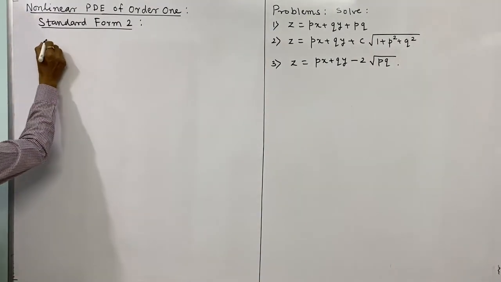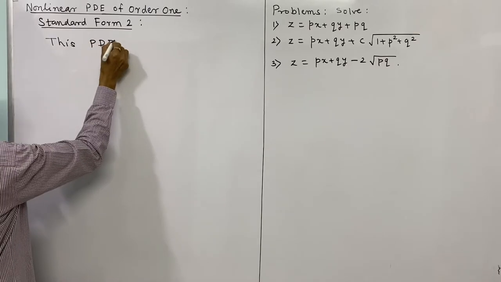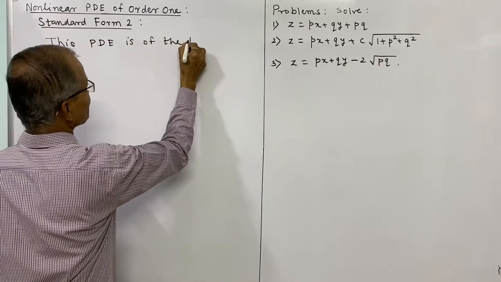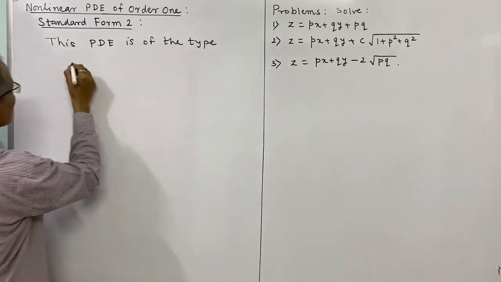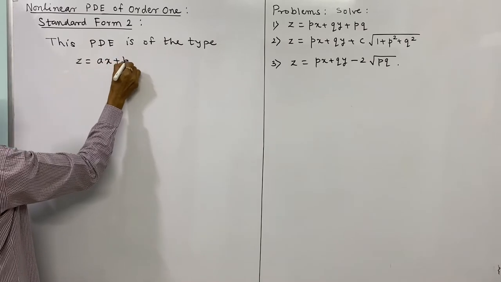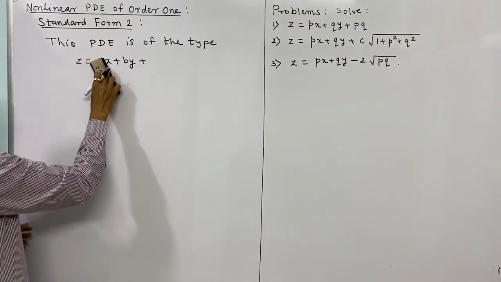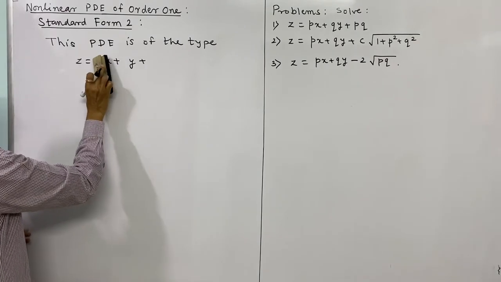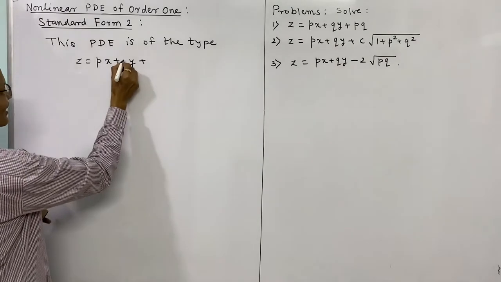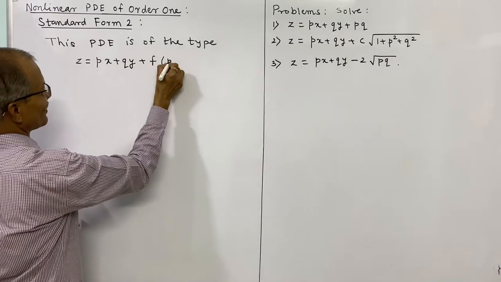Now this PDE is of the type z is equal to p into x plus q into y plus a function of p and q.